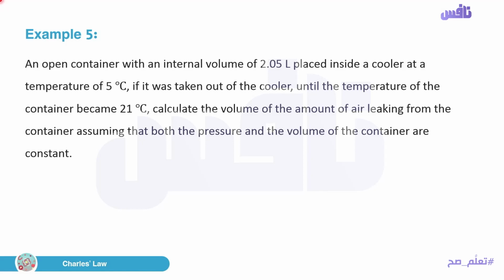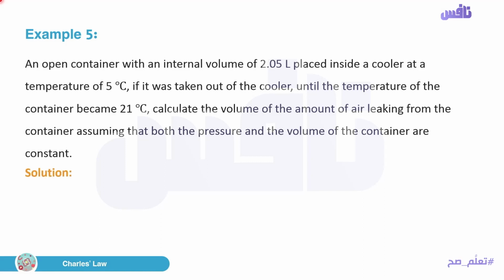So we have V1, T1, and also V2 and T2. The question here is calculate the volume of the amount of air leaking from the container, assuming that both the pressure and volume of the container are constant.